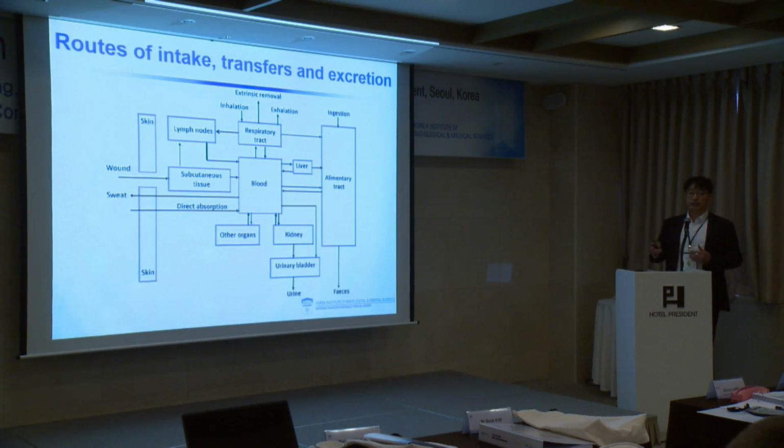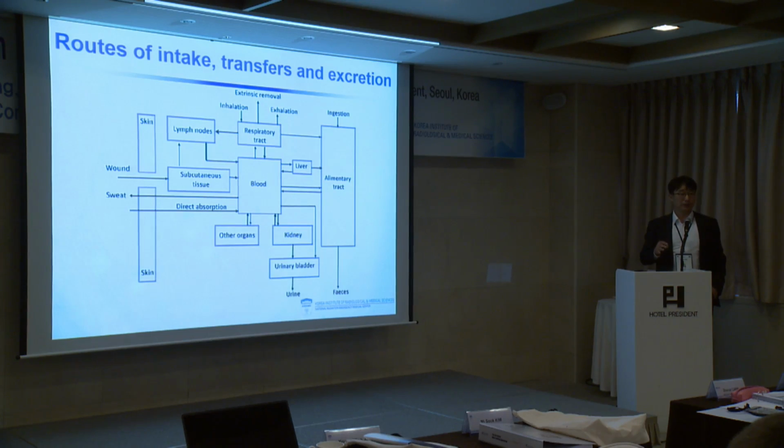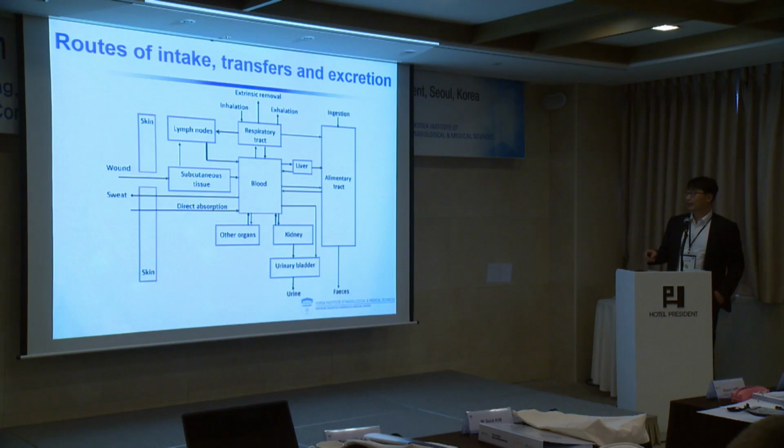And transfer can occur through the blood compartment. As I mentioned before, blood is one of the compartments. So by using this compartment, the movement of the radionuclides from blood was described. And let's look at the excretion route.